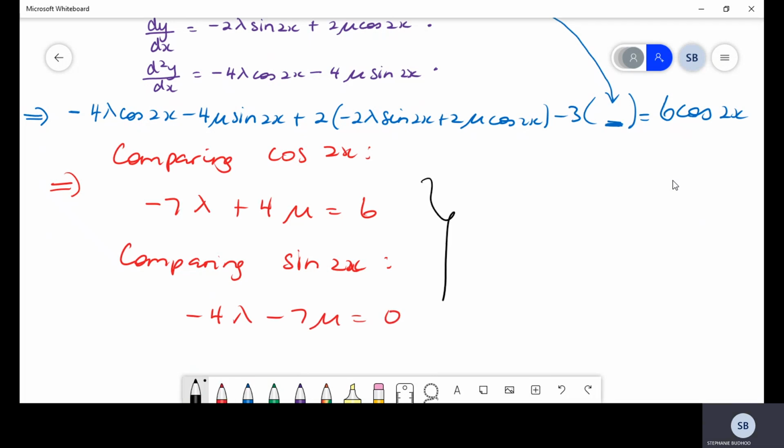Collectively, you can use these two equations to solve for values of lambda and mu. You can work those out on your own. For now, I'll state the values that you should get.